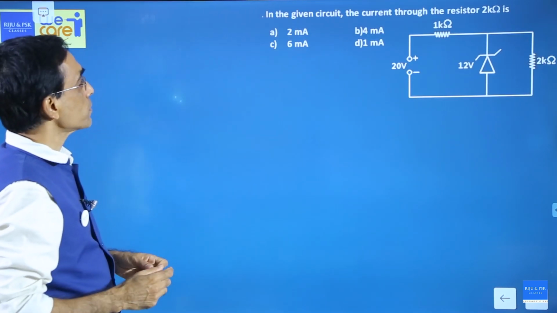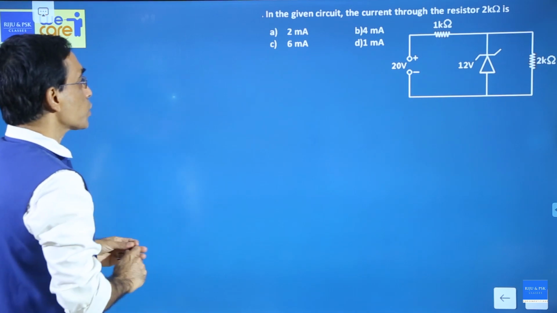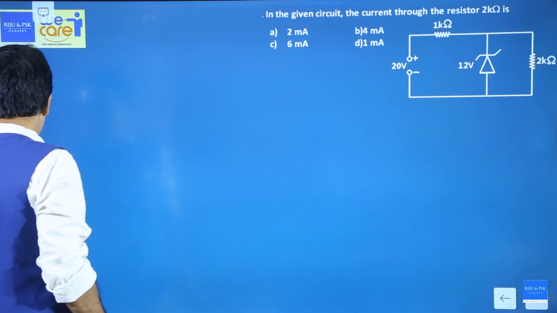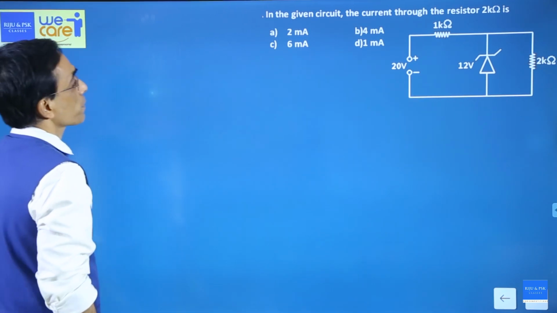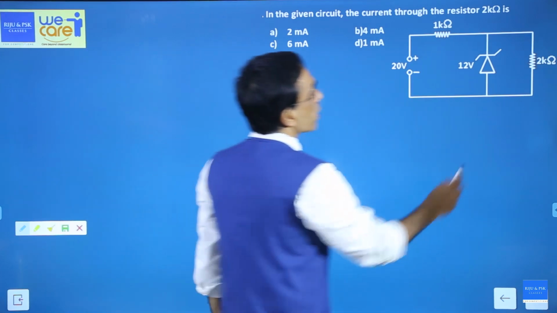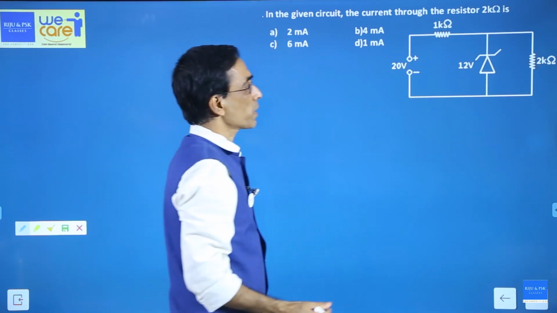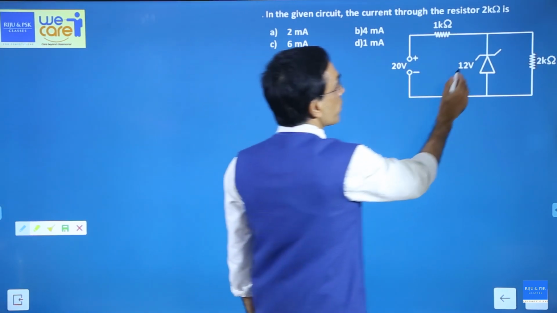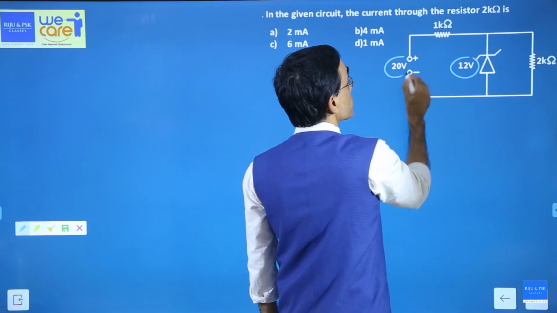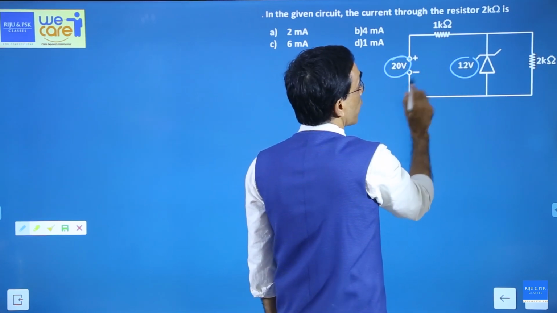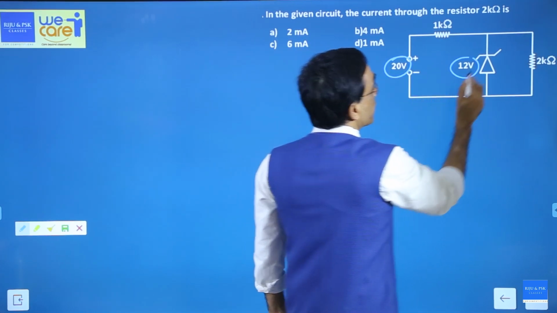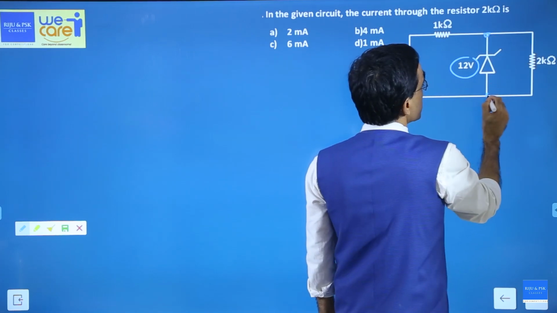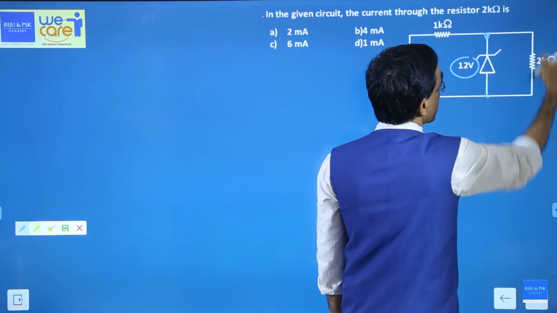Next one. In the given circuit, current through the resistor 2K. I want the current through this one. Very simple. Look at the circuit. The Zener will break down at 12. Applied voltage is more than that, so 20 and 12. This Zener maximum voltage is 12 and that is where you have connected this 2K.